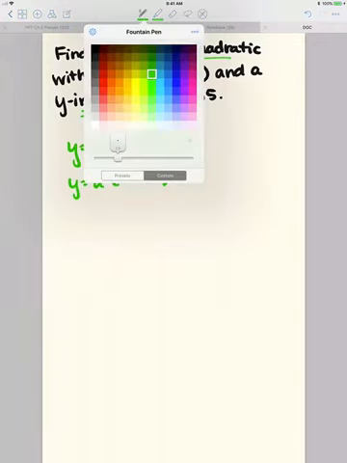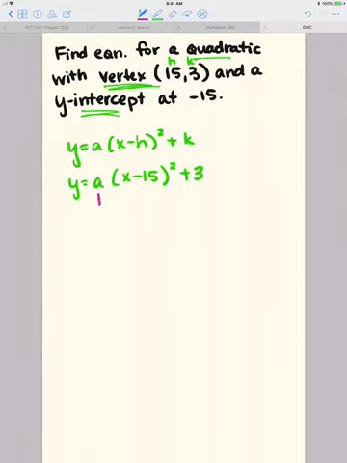And since we need to find the a value, we'll plug in the fact that we have a y-intercept of negative 15. What that translates into, y-intercept is where it crosses the y-axis, so it's the point (0, negative 15). So we'll plug 0 in for x, negative 15 in for y in our vertex form, and then we'll find our a coefficient.